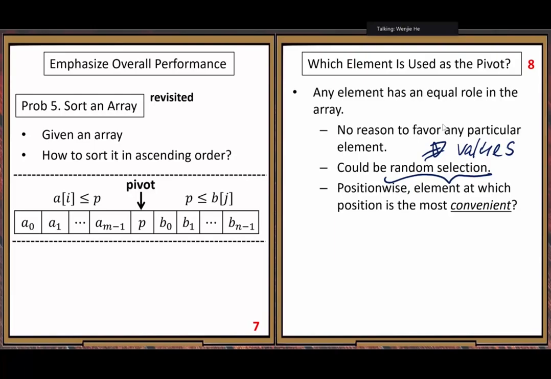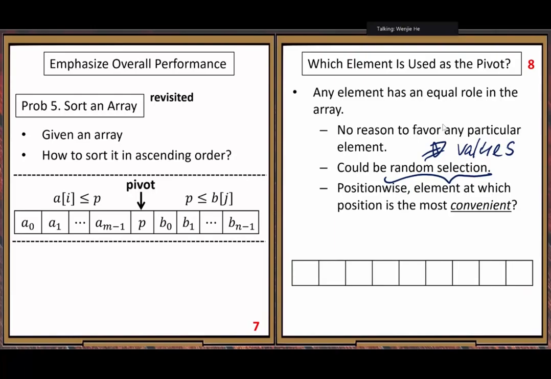All right. So we need to do some more analysis on the position part. Look at it. If we pick the position somewhere in the middle, what would happen? Randomly select. Suppose we want to pick this element as the pivot, and we also use this position to store the pivot. What would happen?